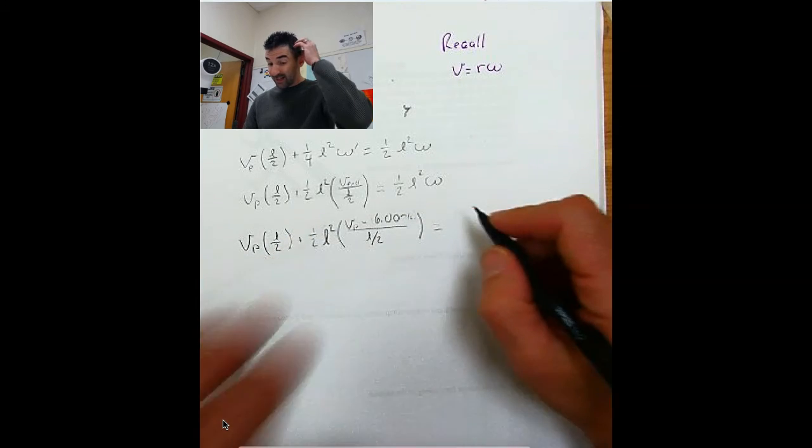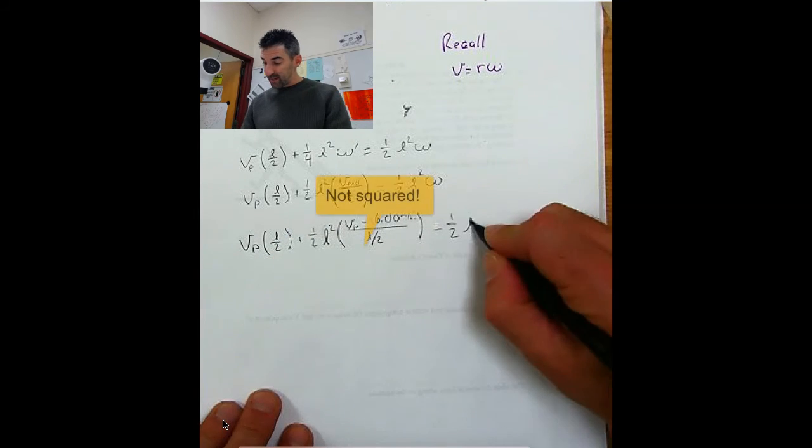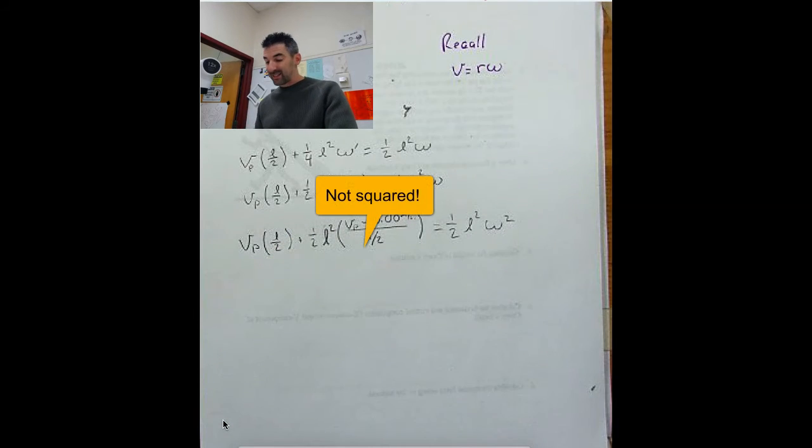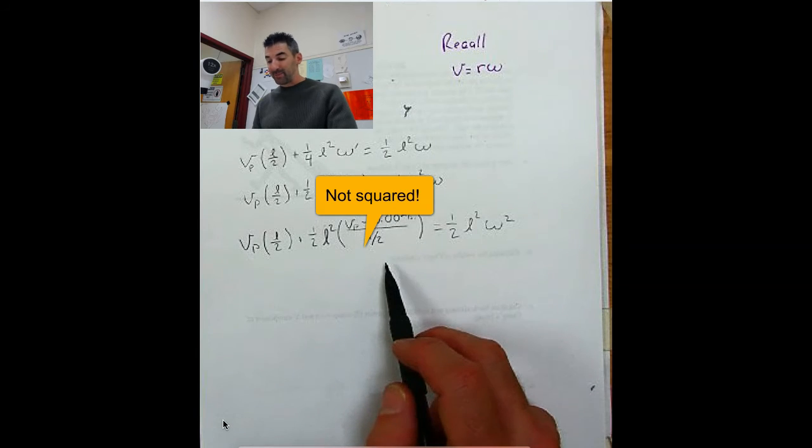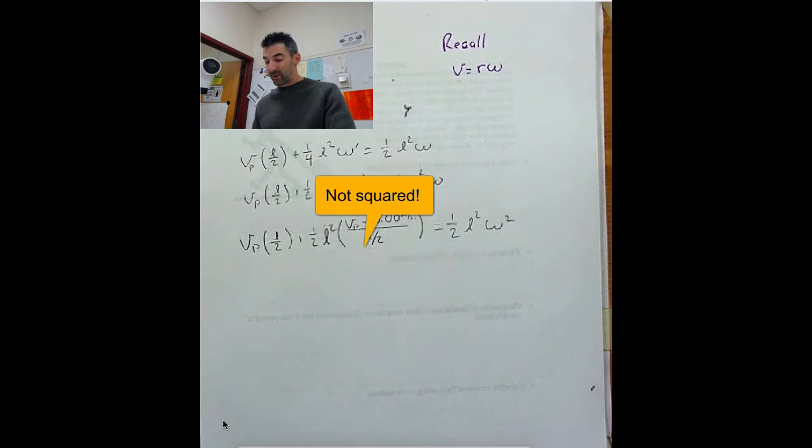That whole thing is going to be equal to, and does that look like a nice, pretty, but really not so pretty, kind of ugly equation, right?